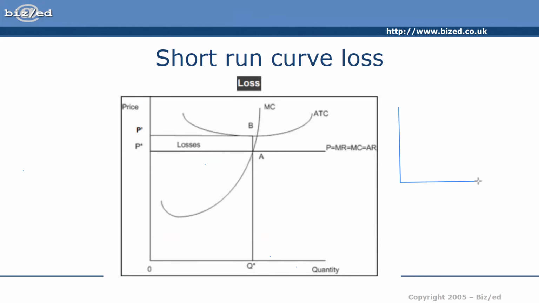So again, I have my y-axis and my x-axis. This is price, this is quantity. And my demand curve in perfect competition is still a straight horizontal line.